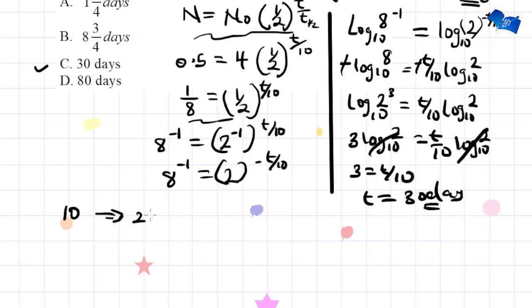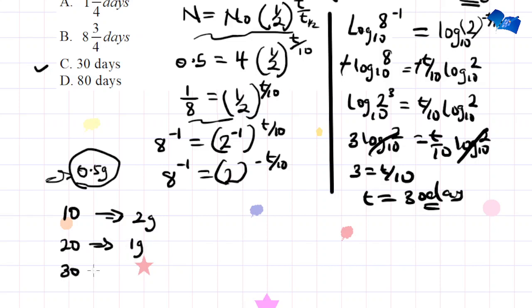That is 2 grams should remain after 10 days. Because what you are looking for is the time taken for it to remain 0.5 gram, right? So after another 10 days, which is now 20 days, half of 2 should remain, which is 1 gram. After 30 days now, half of 1 gram should remain, which is 0.5 gram.